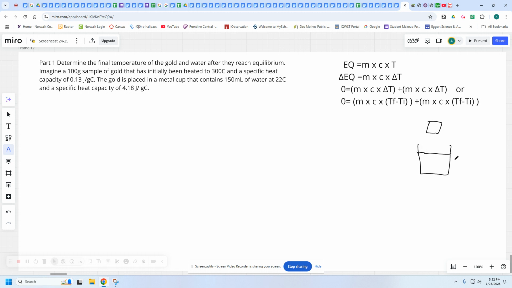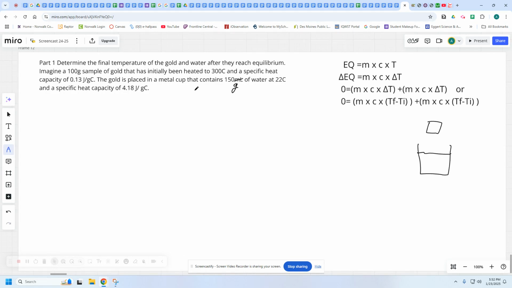Now, without doing a unit multiplier, most people know the density of water is 1 gram for every 1 milliliter. So I can simply identify this as grams of water. And that water is at about room temp, which is 22 degrees Celsius, and has a specific heat capacity of 4.18 joules for every gram Celsius.